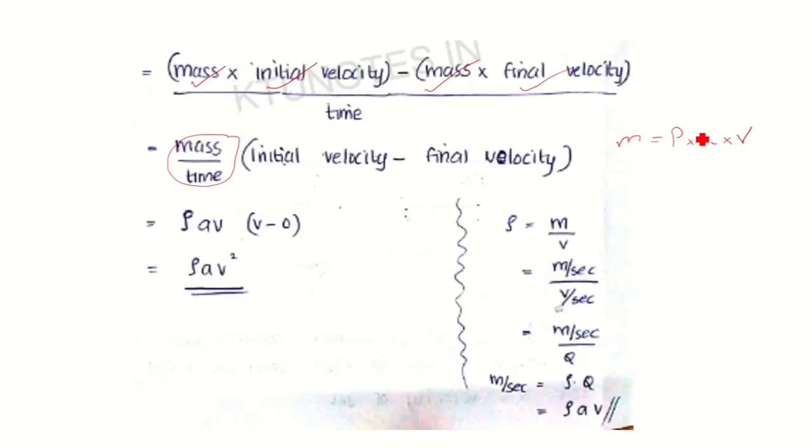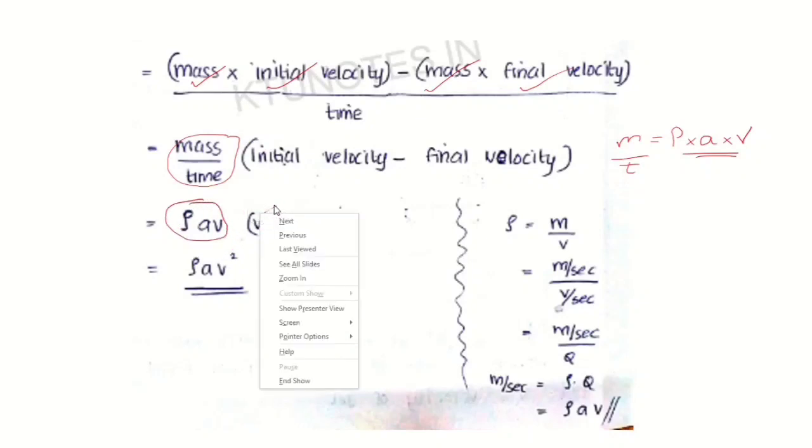Actually mass is density into volume, so here velocity is displacement by time. So A into L by t, we are getting mass per time, that is mass by t is equal to rho A V. So rho A V is the mass per time, the initial velocity with which the jet strikes the plate is V, and the final velocity with which the jet strikes the plate is 0.